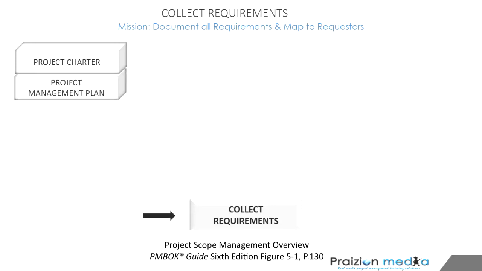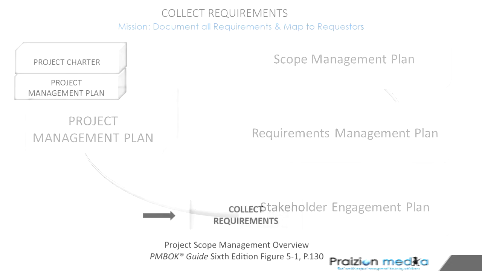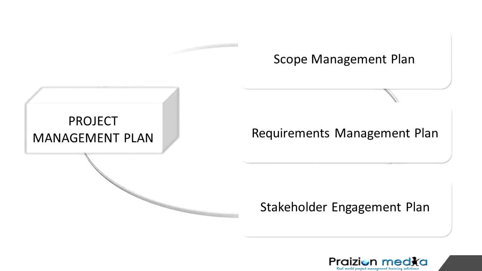The next input here is the project management plan, and of course, as part of the project management plan, don't forget we've got the scope management plan already. We also have the requirements management plan, and another important plan is the stakeholder engagement plan that could be a relevant sub input here.